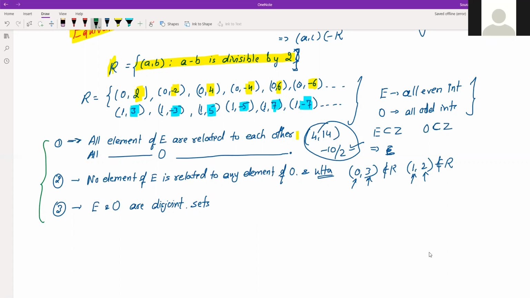And the subset E is called the equivalence class containing 0, because it also has 0 in it, and this will be denoted by [0].